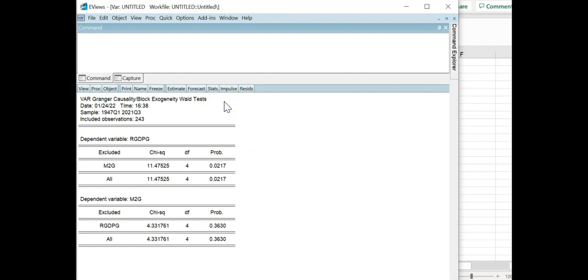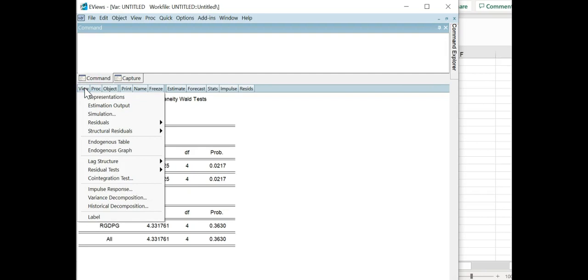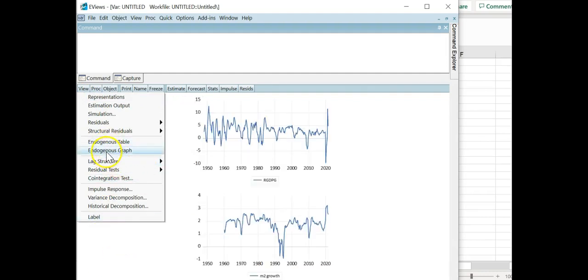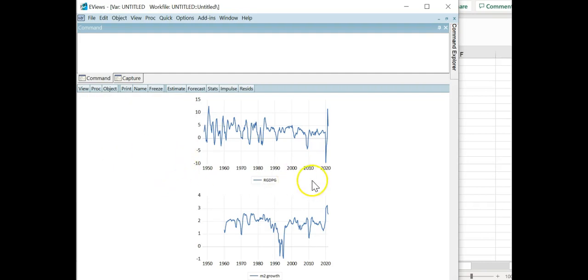All right. For the assignments, I'd recommend that you graph. If you just go to the endogenous graph, you'll get the graphs of the two variables, or you can do that directly from Quick Graph.